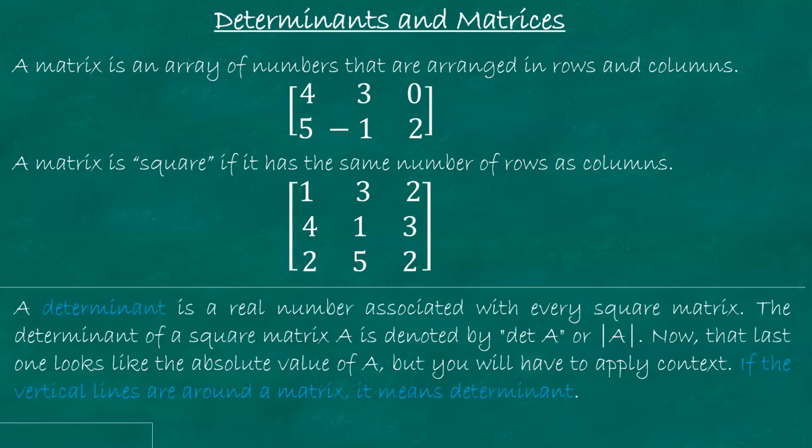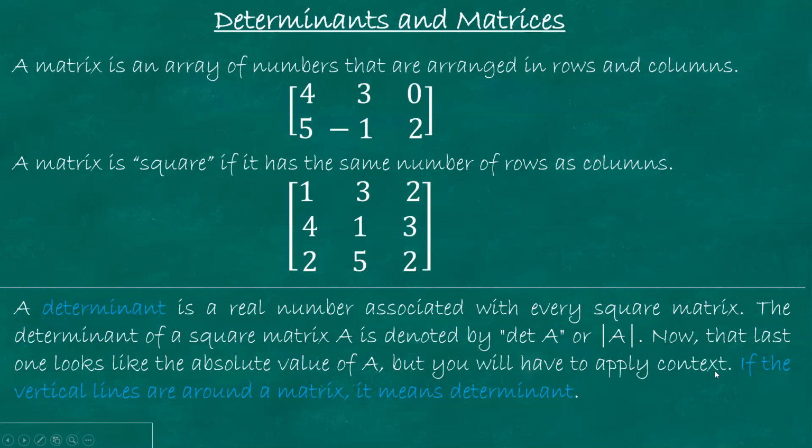Now, a determinant is a real number associated with every square matrix. The determinant of a square matrix A is denoted by the symbol det A or this one. That last one looks like the absolute value of A, but you will have to apply context.